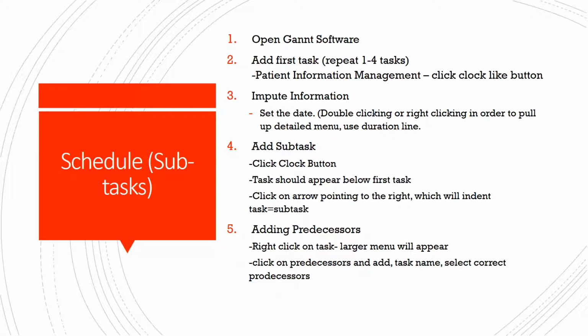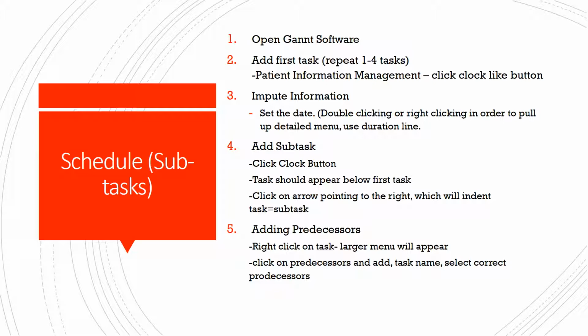So then you're going to input your information, such as setting the date. This can be done by double-clicking or right-clicking in order to pull up the detailed menu, and it'll have a duration line, which will indicate 3 days, 10 days, or even up to a month. So you guys will have that specific criteria that was in Blackboard.